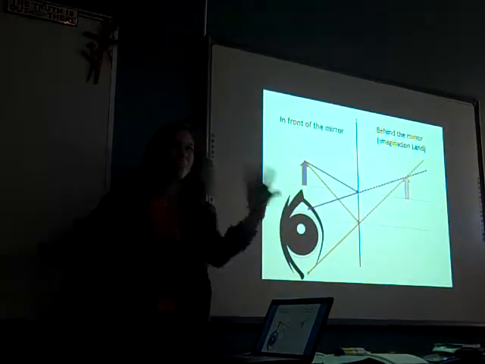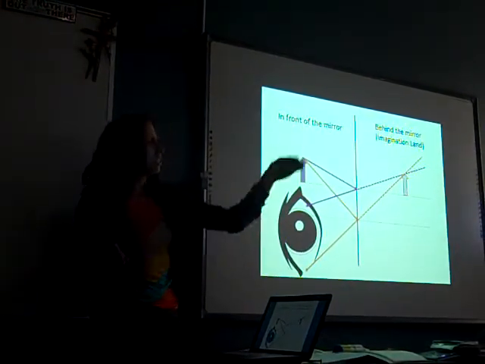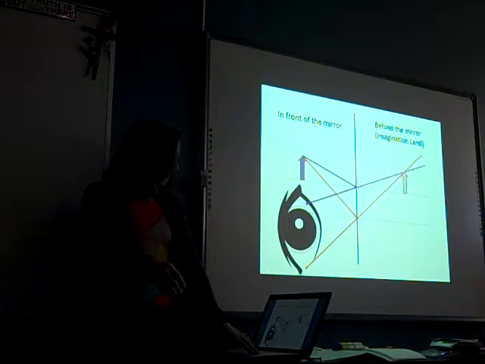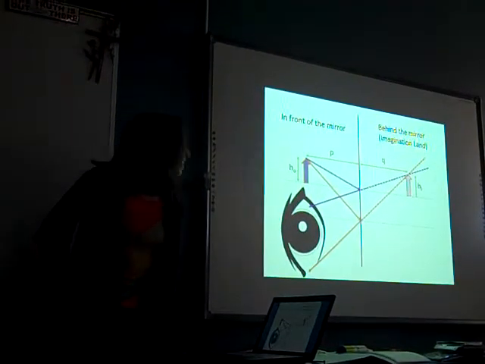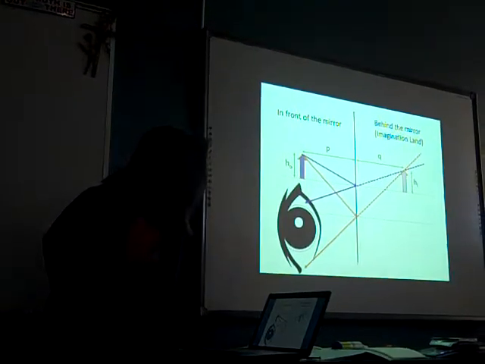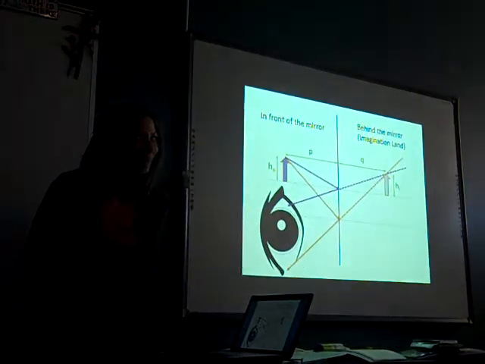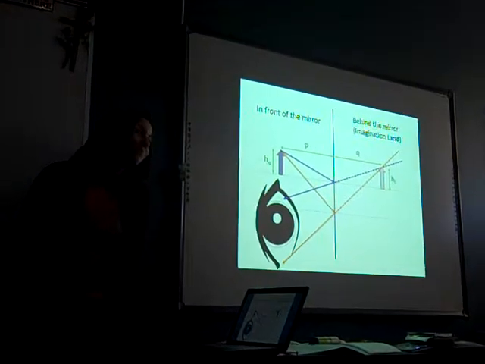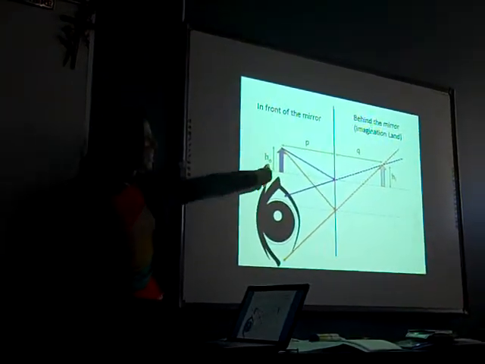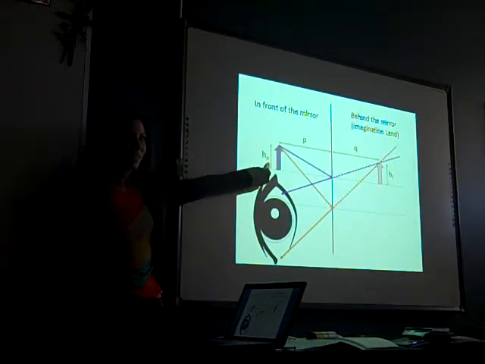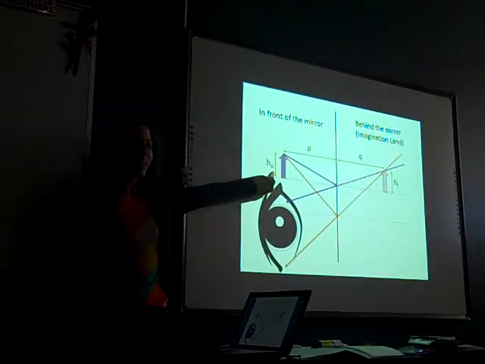And when we're talking about all of these properties of these objects and these images, we use some variables, and here they are. There are 4 of them. The first one is HO, height of the object.